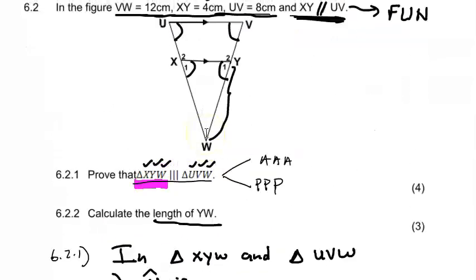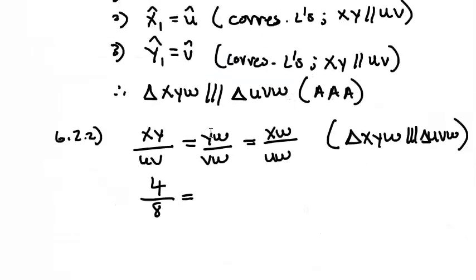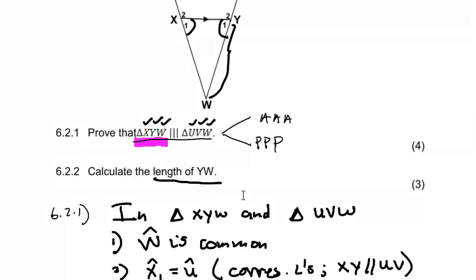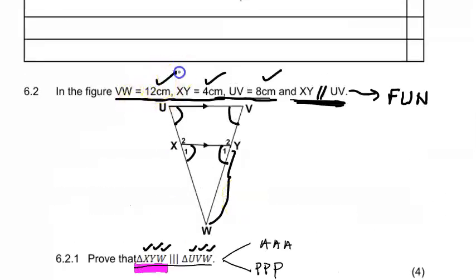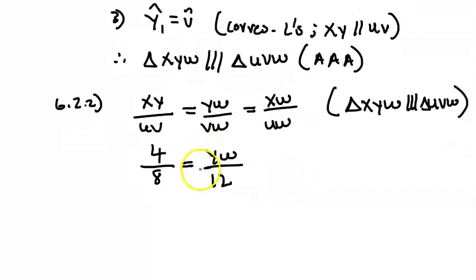YW is what I need to find, and VW is 12. So let's put that in. So VW is equal to 12. XW and UW, I haven't been given measurements for that. So what do I do from here?